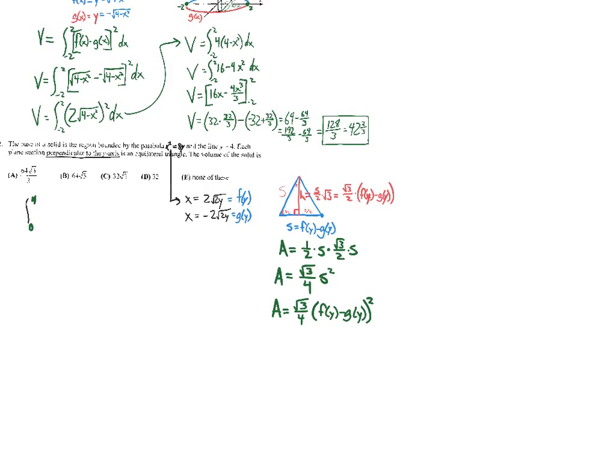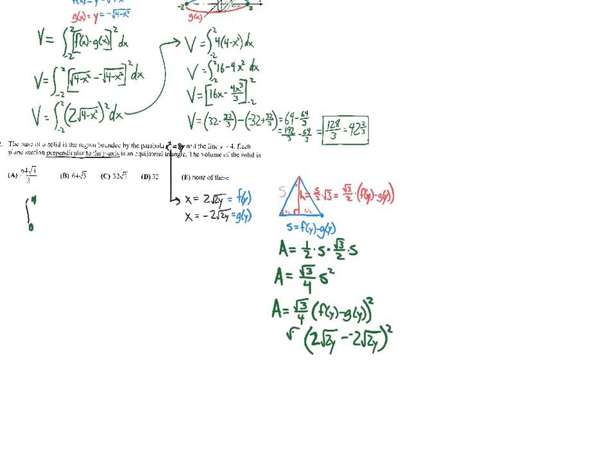Well, f of y is 2 root 2y. G of y is a negative 2 root 2y. So we're just going to be adding it.